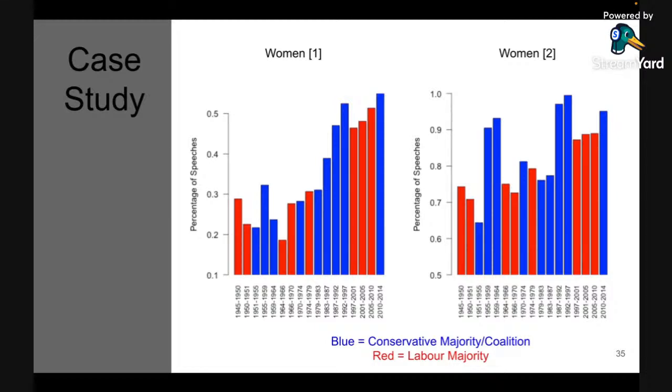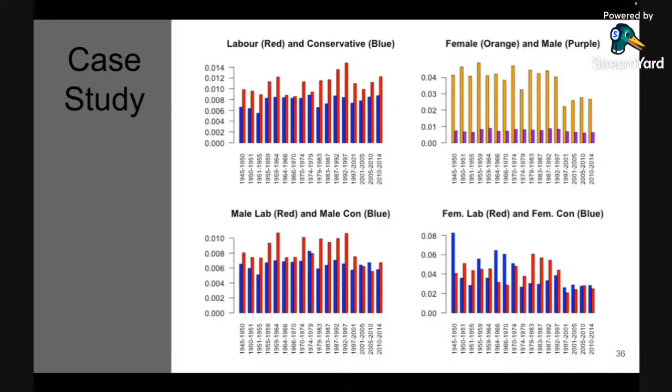It was way more important before, when women were a very small minority in parliament. So maybe there's not so much of a relationship between the gender of the MPs and the extent to which women get attention in parliament.